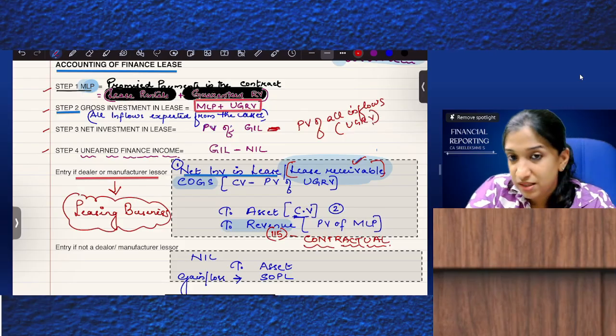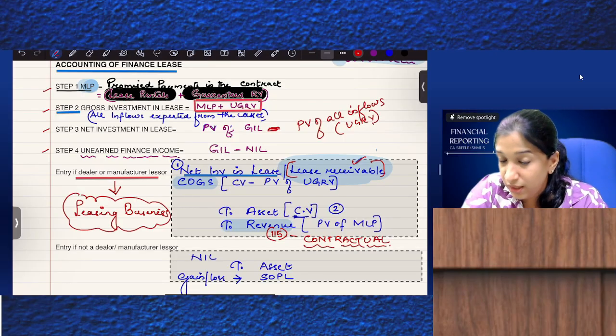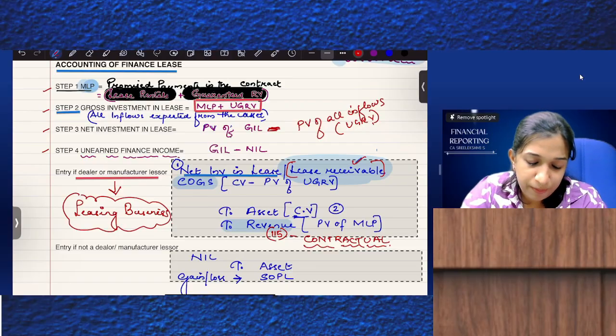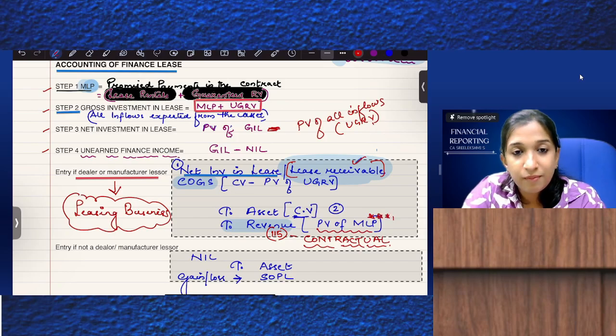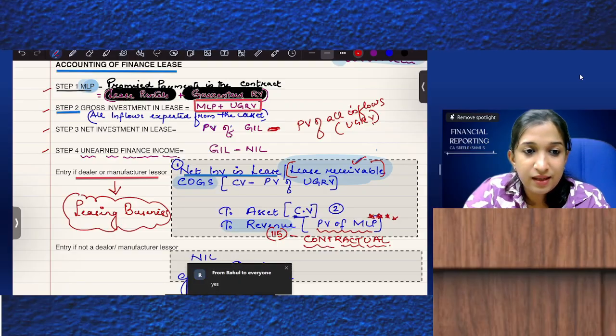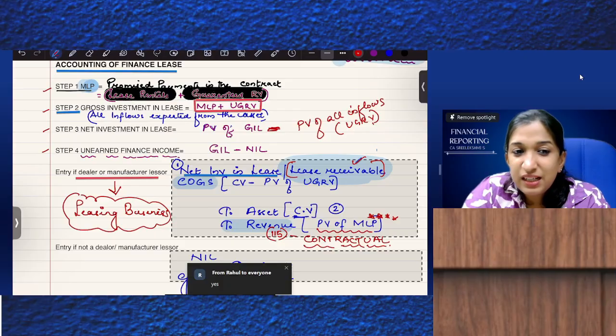So that cannot be considered as contractual income. Expected incomes are not included in revenue. So revenue is present value of MLP. Are you clear? Which means we deducted UGRV from it.